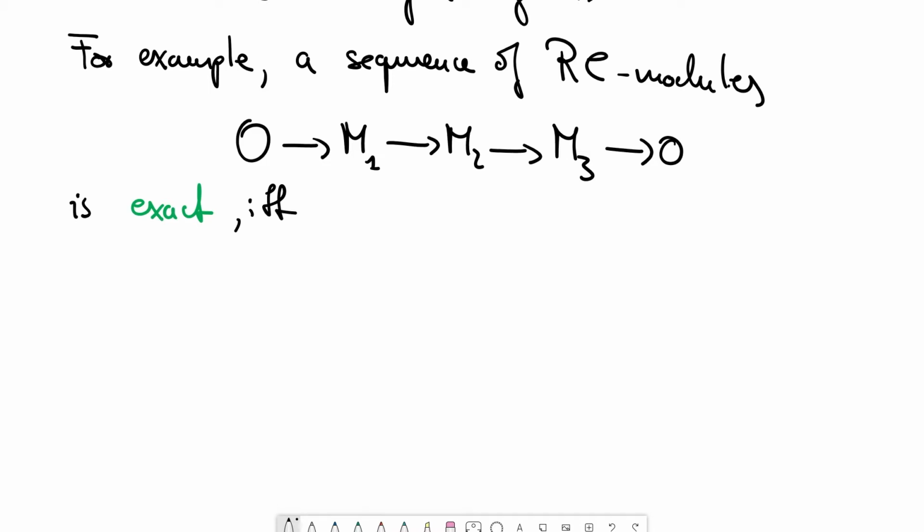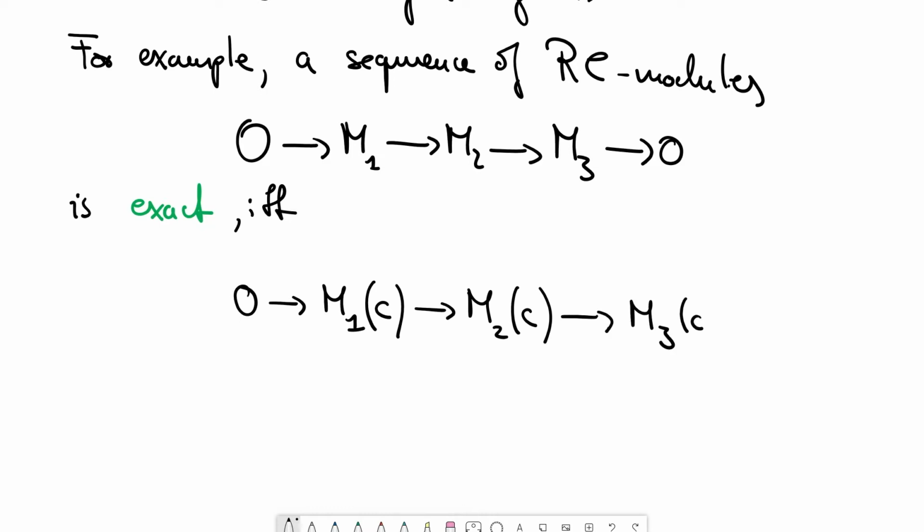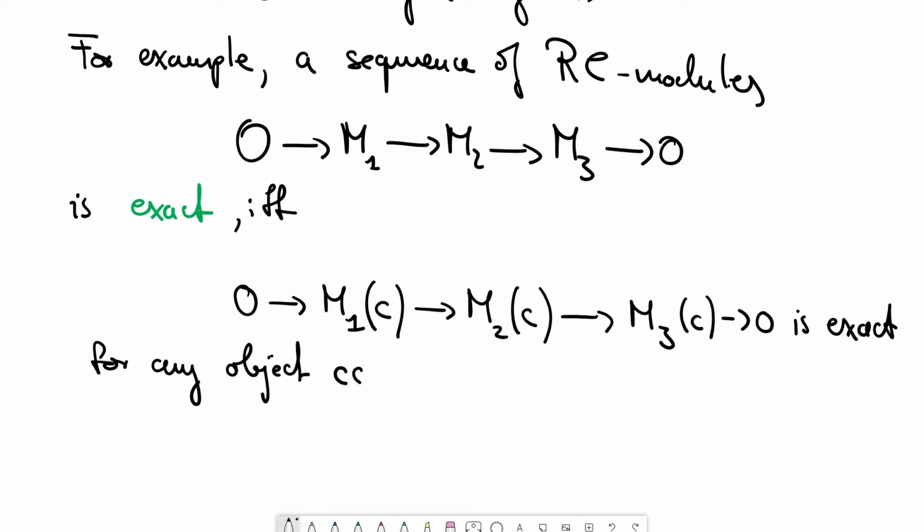Remember, these are functors, so for any object in my category, if I plug it in, I get an R module, and all these sequences I get then are exact. This is the notion of exactness.